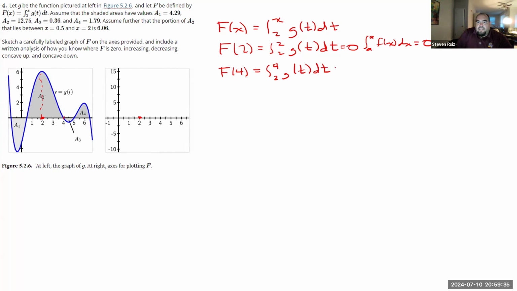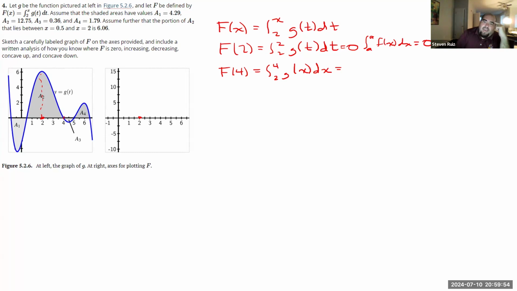Another reason we use t is that if we were to use x here, then you have the variable x doing too many different jobs. x is only meant to stand in for the upper limit of this integral.